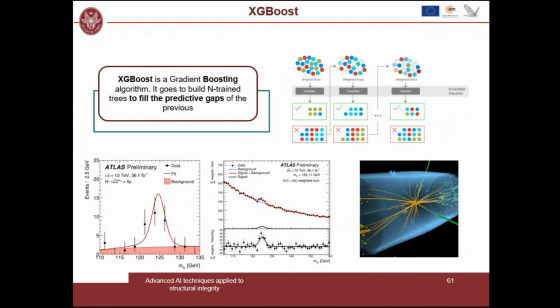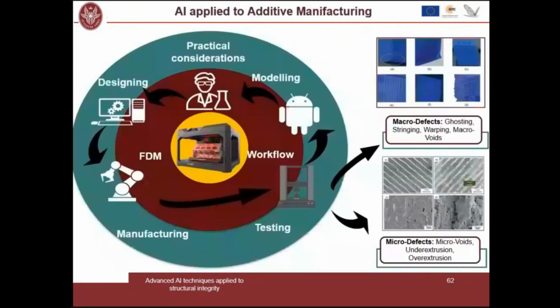That is really simple, but it works really well. And it's also behind the discovery of the Higgs boson. If you want to check about it, it's a really nice story. It helped a lot with the classification of the Higgs presence in the spectra. So they also used XGBoost to find those peaks.